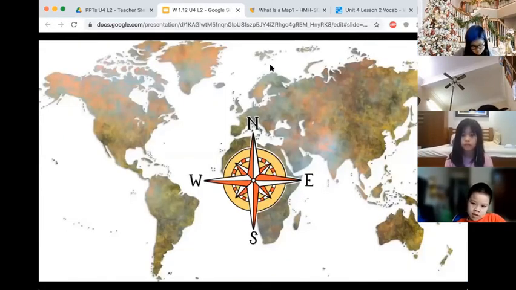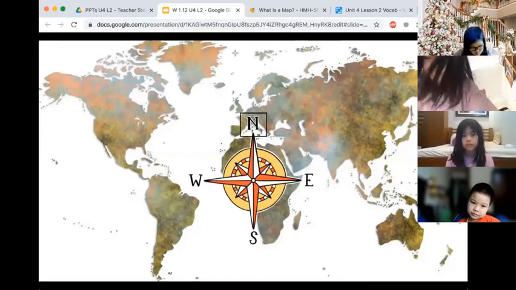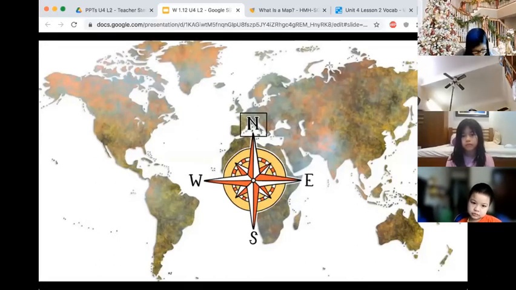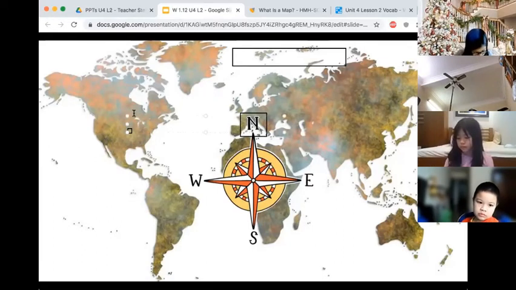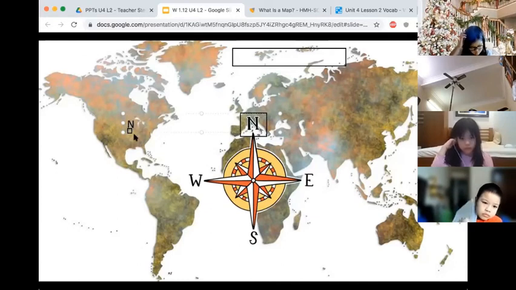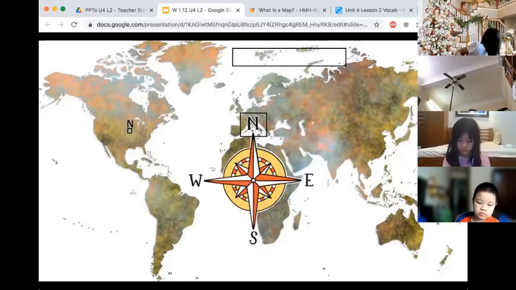A compass, the north points to the North Pole. So if the city's right here, the compass rose tells us that wherever the north is on the compass rose is the top of the city. That part of the city points to the North Pole.